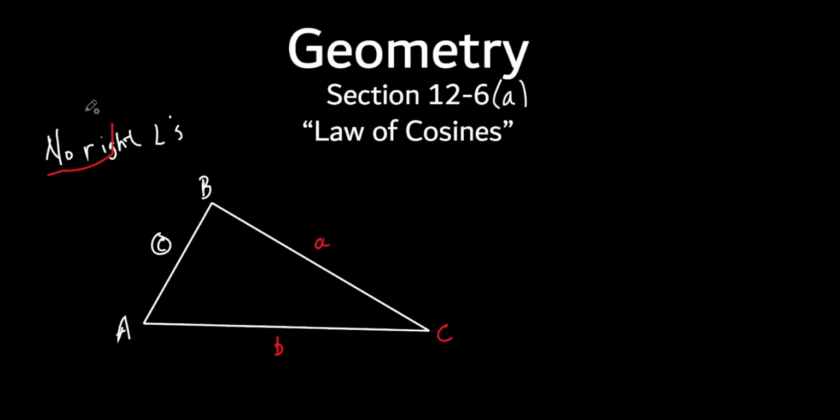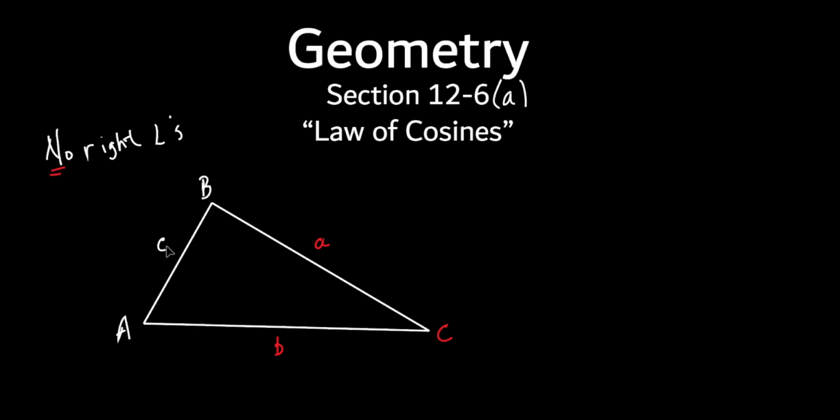Okay, there are no right angles in this. This is not a right triangle. All right, so you can't just use your regular sine, cosine, and tangent to find some missing stuff. Right, because to do those trig things, you had to have a right triangle. But now you have a non-right triangle.